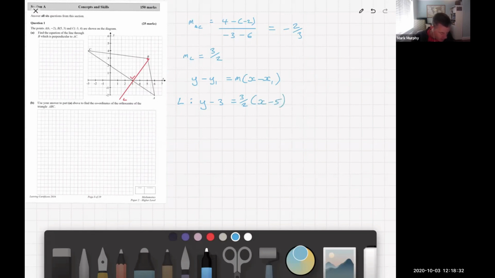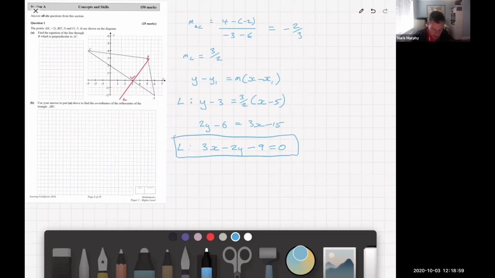And then working all that out, you bring the 2 across, you get 2y minus 6 is equal to 3x minus 15. So the equation of the line L is 3x minus 2y minus 9 equals 0. Okay, that's the first part.